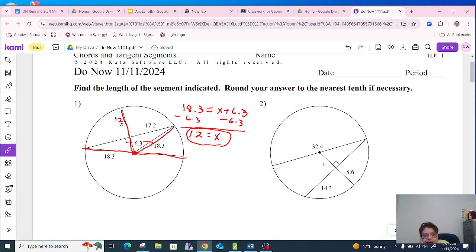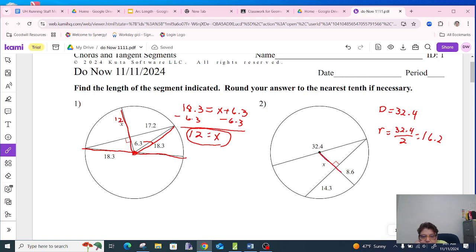If the diameter is 32.4, how do I find the radius? So I'm going to divide this by 2, which would give me 16.2. So the radius has to equal 16.2.